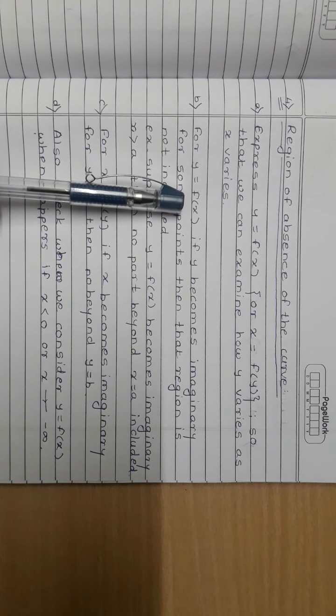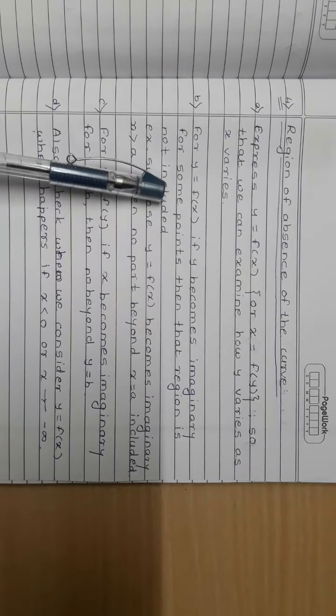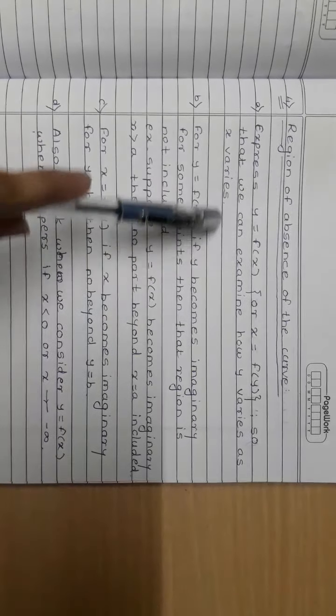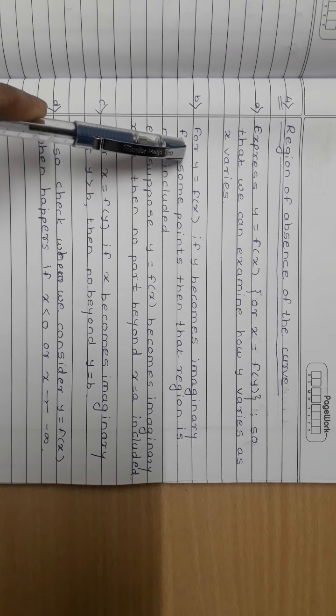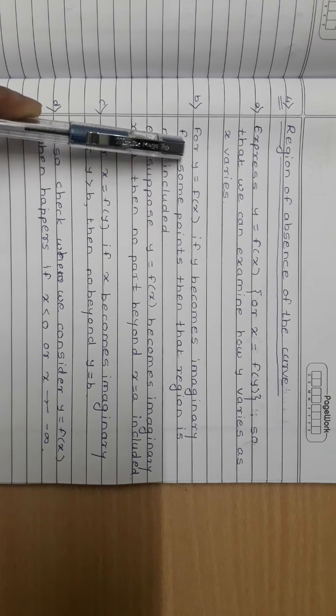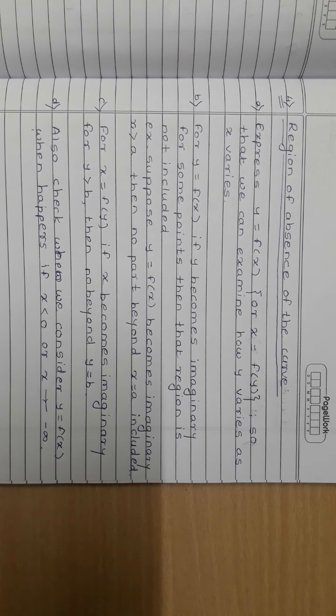Once you are able to express it in y equal to f of x format, observe for which values of x, y becomes either negative or imaginary. Why are we considering imaginary here?